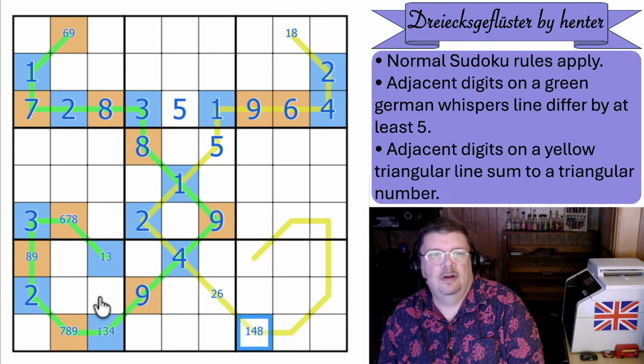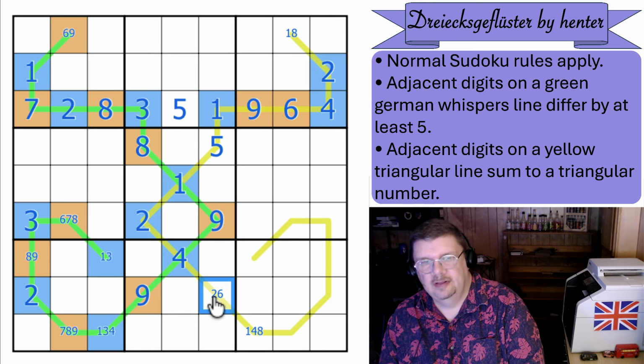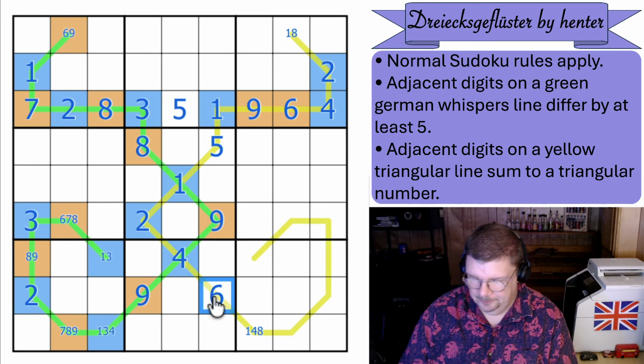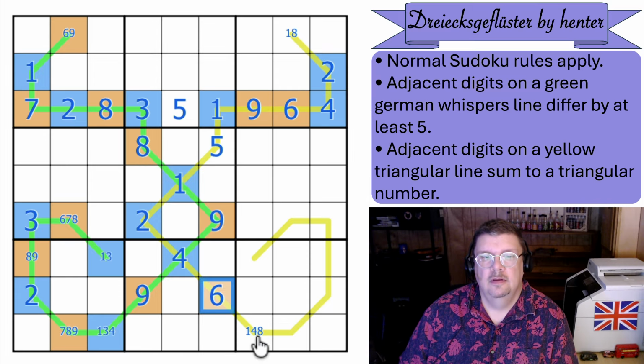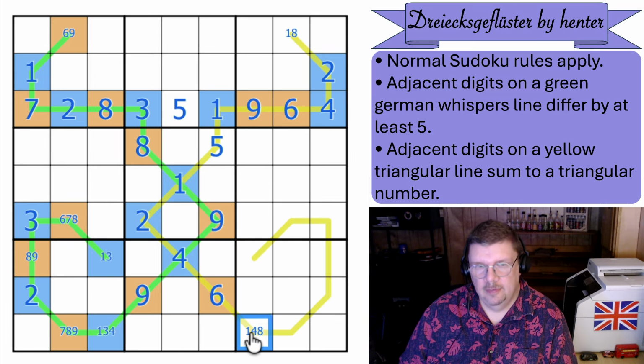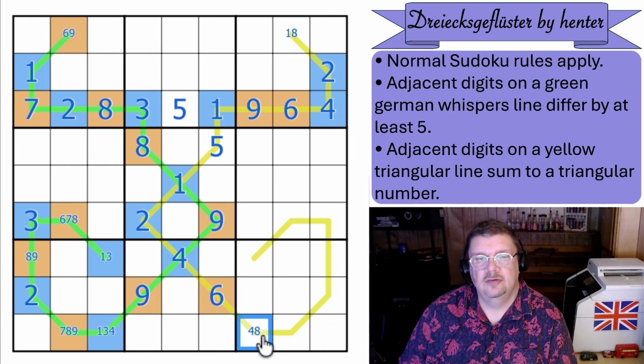2, well, actually, that 2 is preventing that from being a 2. That's a 6. So that can't be a 1. 6 goes with 4 or 8. Okay.